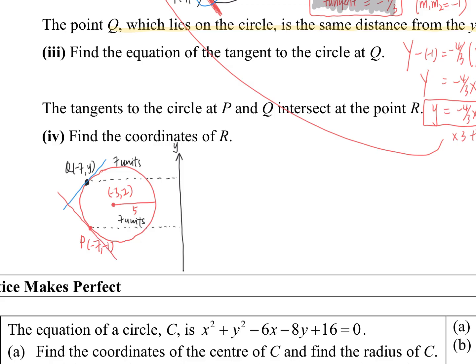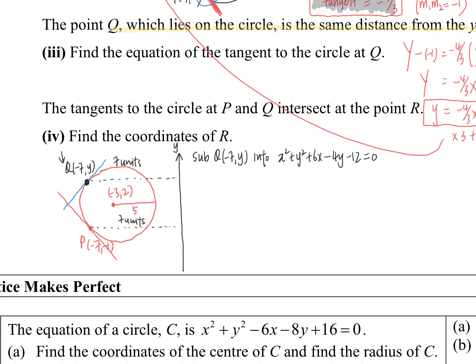Okay, so in order for me to get the equation of tangent, I need the point and I need the gradient. To find the point, I need to first sub this Q into the equation of the circle, which is x squared plus y squared plus 6x minus 4y minus 12 equals 0.